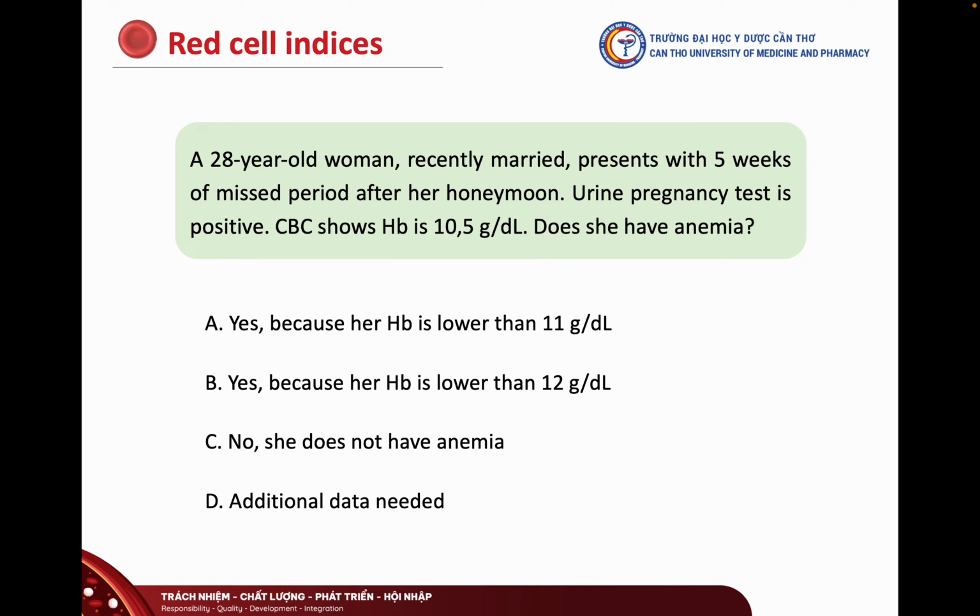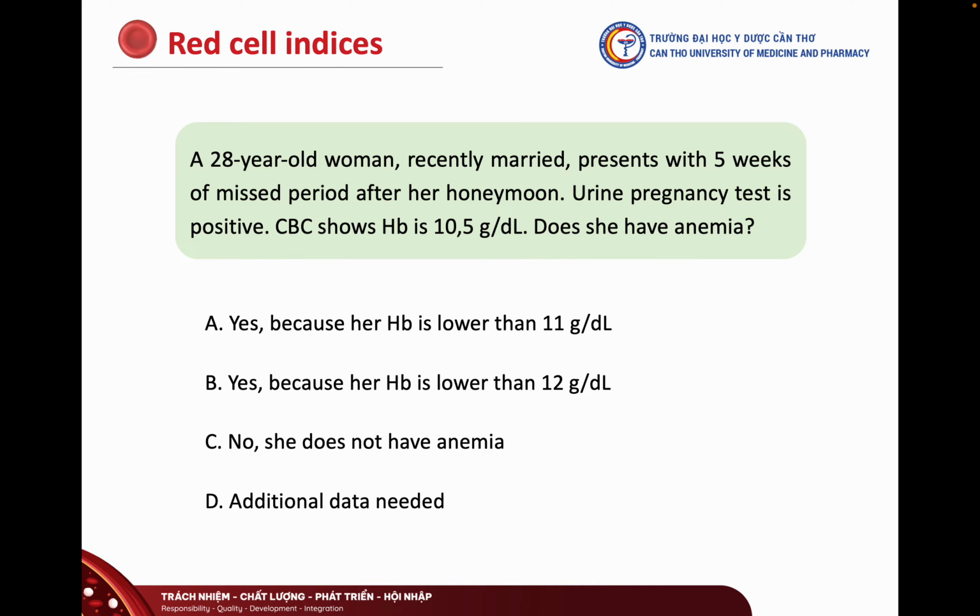Alright, let's break it down. First, the patient is pregnant, and we just learned that the WHO defines anemia in pregnancy as hemoglobin level less than 11 grams per deciliter, regardless of the trimester. So, although she's only 5 weeks, the cutoff is still 11, not 12.